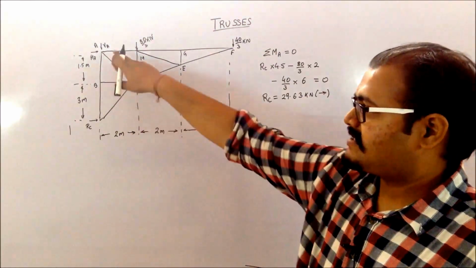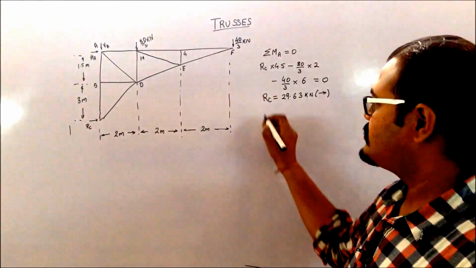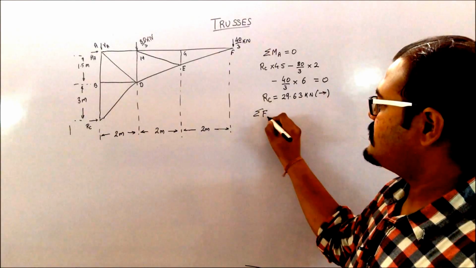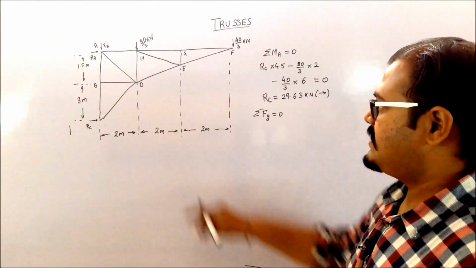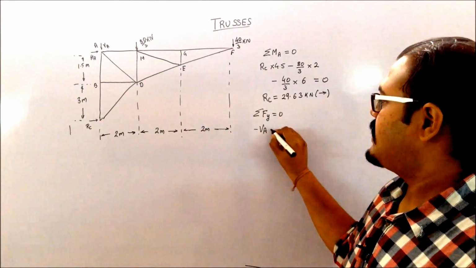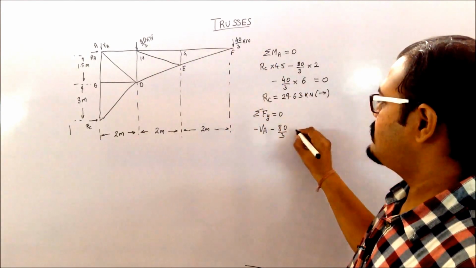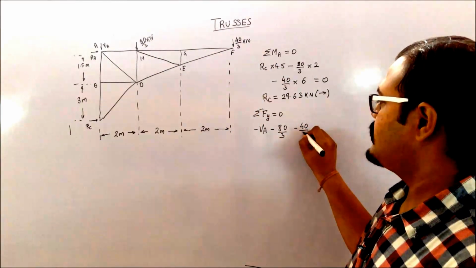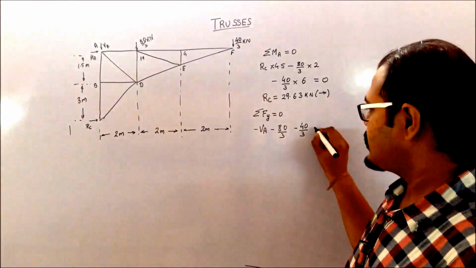Now for the other two, I will consider summation Fx and summation Fy. For summation Fy, I have negative VA, negative 80 by 3 and negative 40 by 3, because all of them are going towards the negative y-axis.